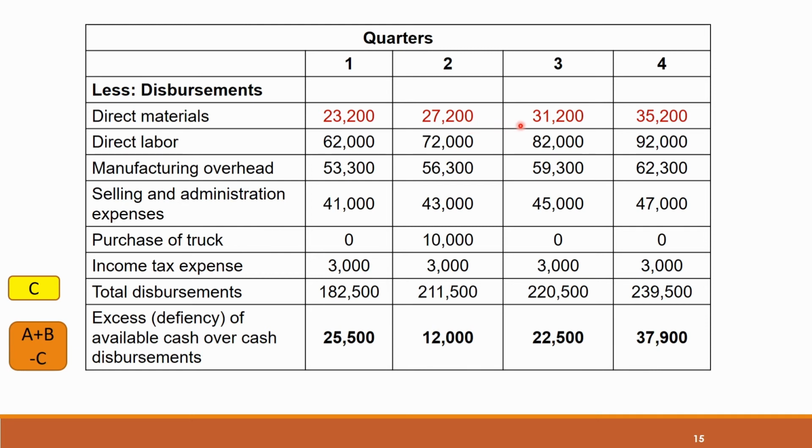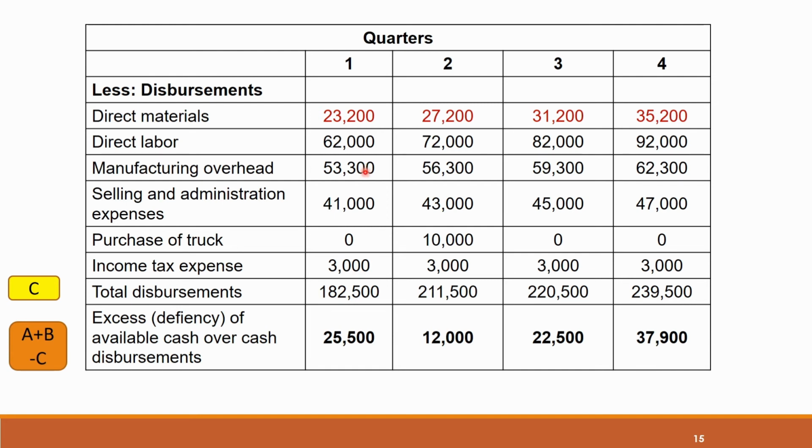The third one, 31,200. And the fourth one, you can write down the answer directly for every quarter. And the next payment, we have to pay for direct labor, given in the question. So you just write down for the first quarter, 62,000. The second one, 72,000. The third one and the fourth one. But I just want to focus only on the first quarter.